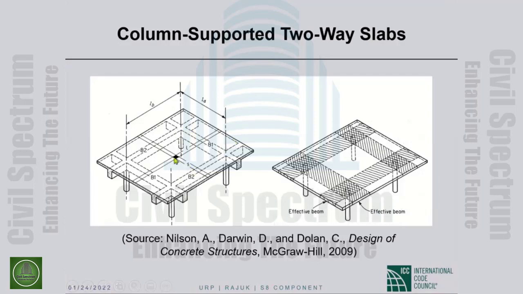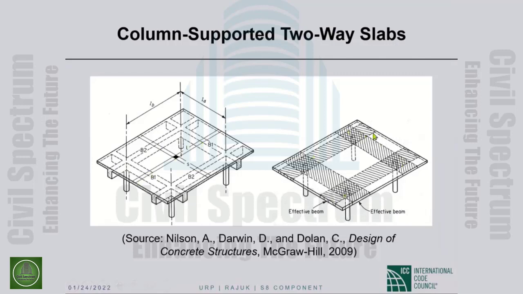So the slab strips running in the short direction plus the beams running in the short direction transfer 100% of the slab loads. Similarly, the beams spanning in the long direction and the slab strips spanning in the long direction together also transfer 100% of the slab loads.